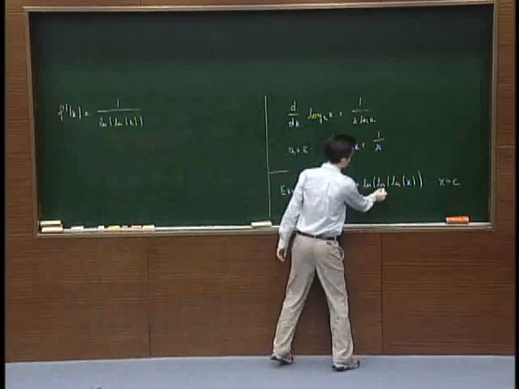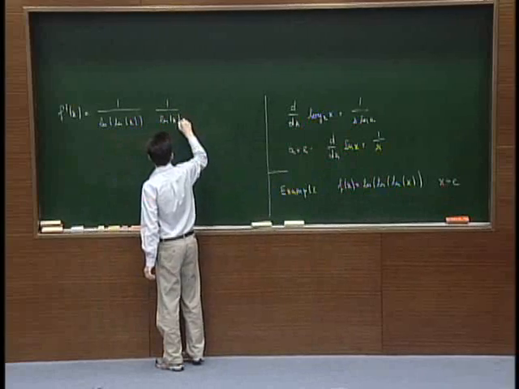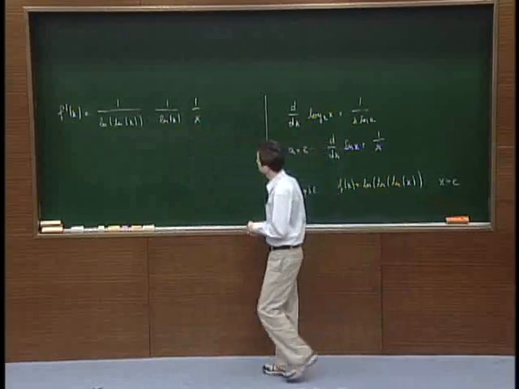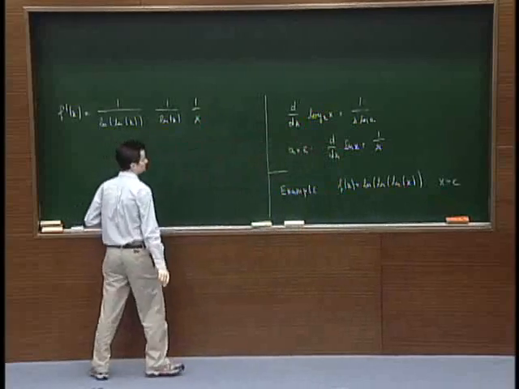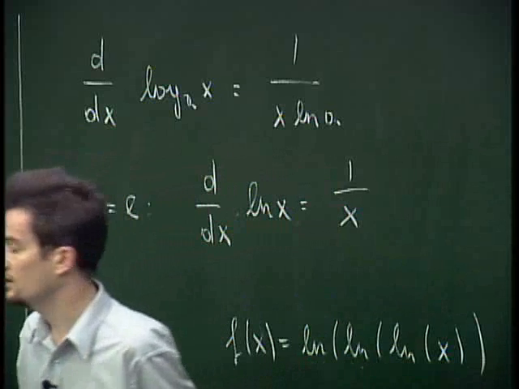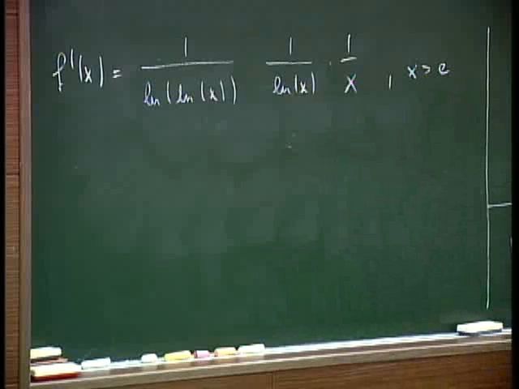Now the next function, the derivative is 1 over ln of x. The last one, the derivative is 1 over x. So that's what you get for the derivative. And you see that the derivative actually would be defined on a larger domain, but of course it doesn't make sense if x is between 1 and e. So this is just interesting for us if x is larger than e as well.